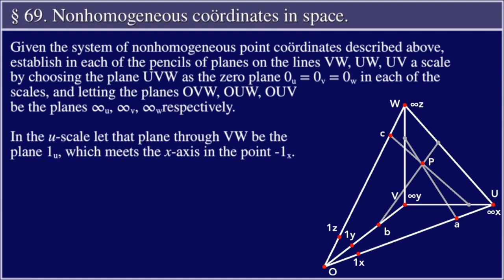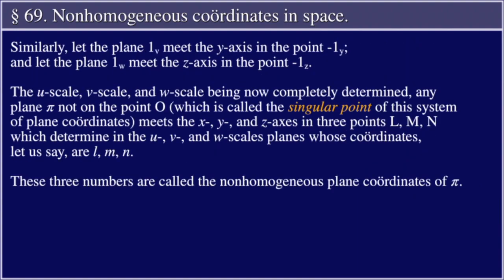In the U scale, let the plane through VW be the plane 1 sub U, which meets the x-axis in the point negative 1 sub x. Similarly, let the plane 1 sub V meet the y-axis in the point negative 1 sub y, and let the plane 1 sub W meet the z-axis in the point negative 1 sub z.